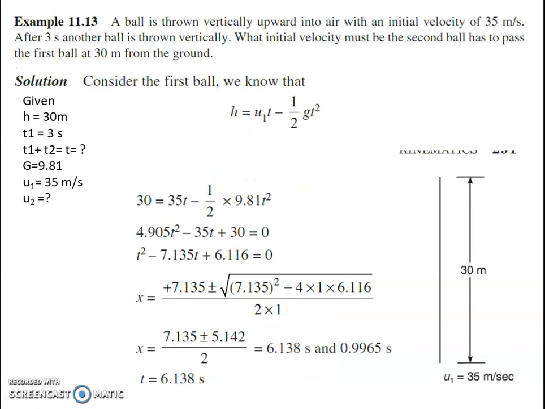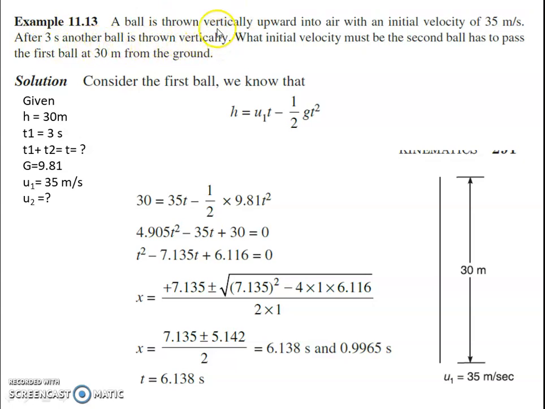Now we will try to solve simple problems. A ball is thrown vertically upwards into the air with an initial velocity U given as 35 meter per second. Upward means against gravity, hence minus should come. After 3 seconds another ball is thrown vertically.